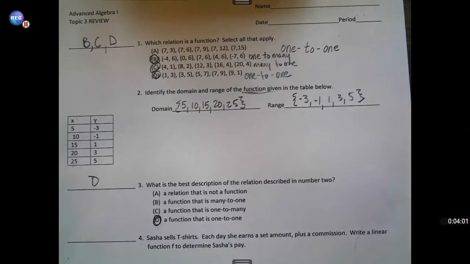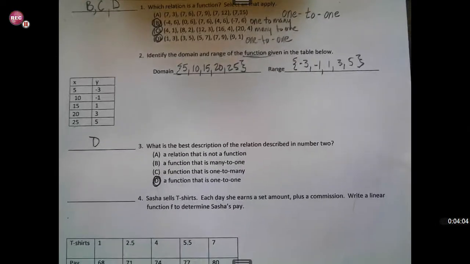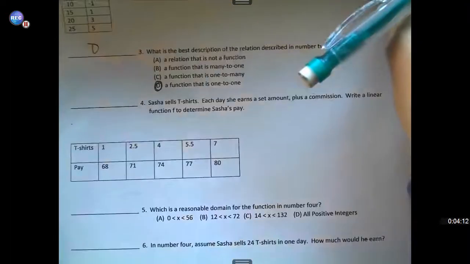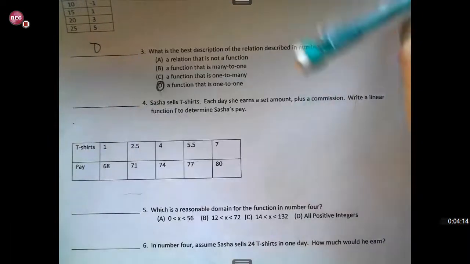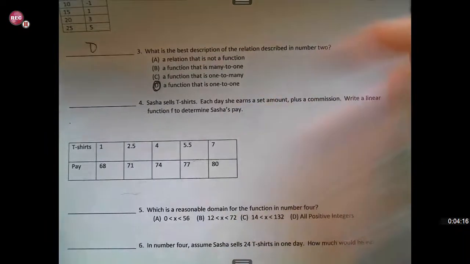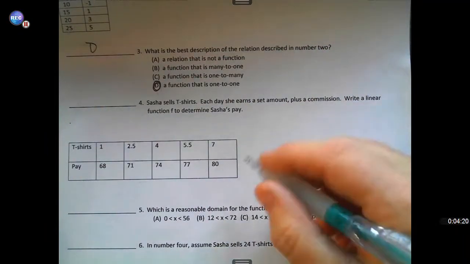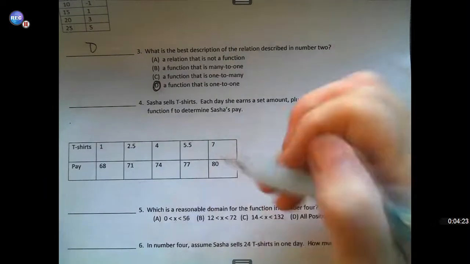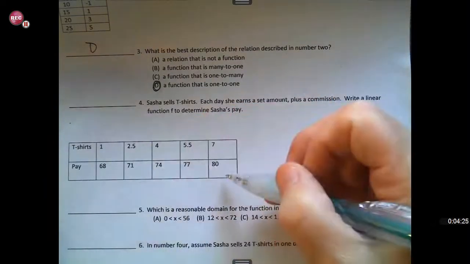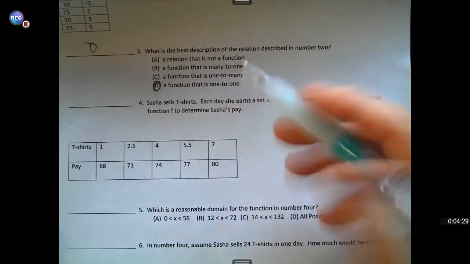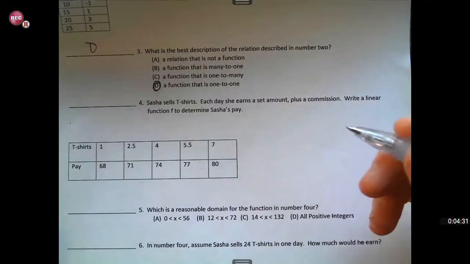Sasha sells t-shirts, and each day she earns a set amount plus a commission. Write a linear function to determine Sasha's pay. Here's the data, and we want to write the equation of the line.